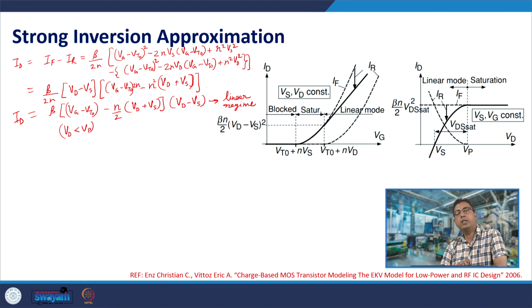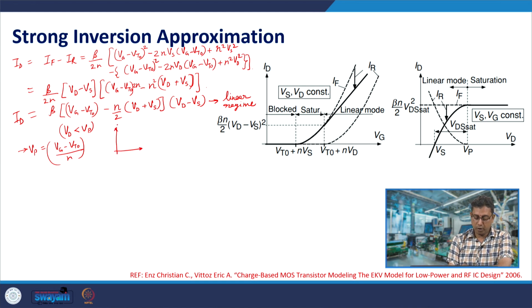So, saturation drain voltage is when pinch off happens, and in our strong inversion approximation Vp is (Vg minus Vto) by n. So, for a given gate voltage, you can identify this is the value of Vp, and in strong inversion approximation we have been assuming that if you plot minus Qi by Cox with respect to local channel potential, you get a slope of minus 1 and you touch 0 at Vp.